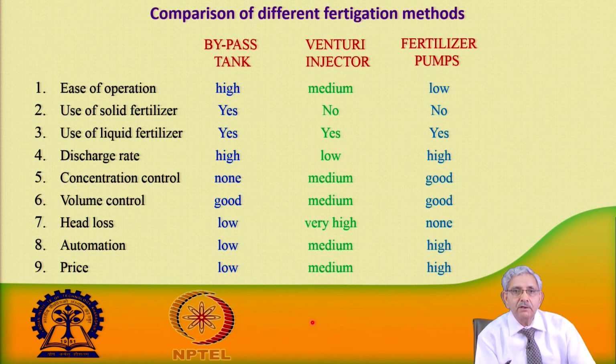Taking the parameter of ease of operation, the bypass system can be operated highly easily. With the Venturi system, one should take care that enough pressure difference is created, and only then will the Venturi suck the fertilizer. So, from the operational point of view, it is low.